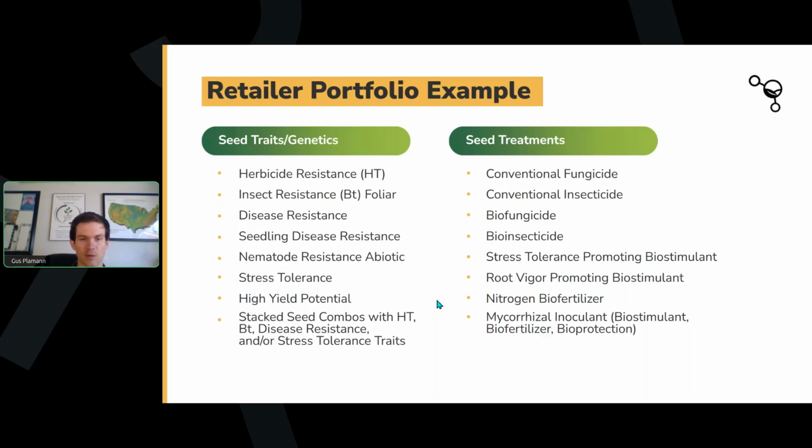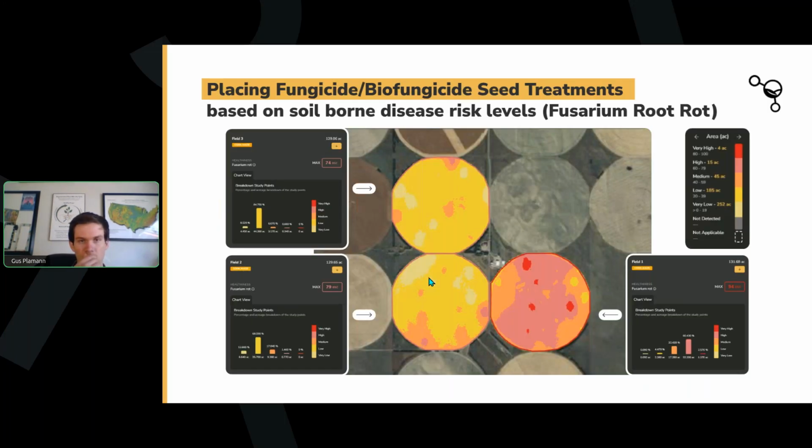So aside from just that speculative information, like disease from past seasons, herbicide use, insect prevalence year to year, abiotic stressors, how can we use real-time BeCrop Farm data to start to prioritize which of these traits and seed treatments make the most sense to optimize crop outcomes? So first, we'll take a disease example because this is probably the most straightforward.